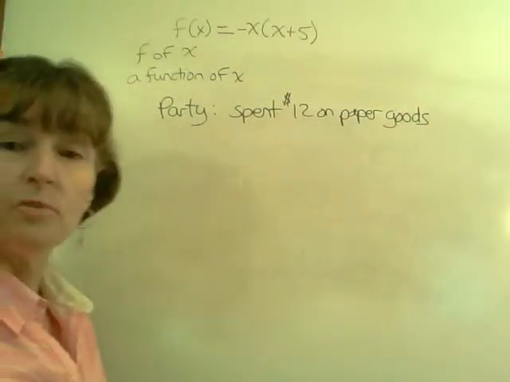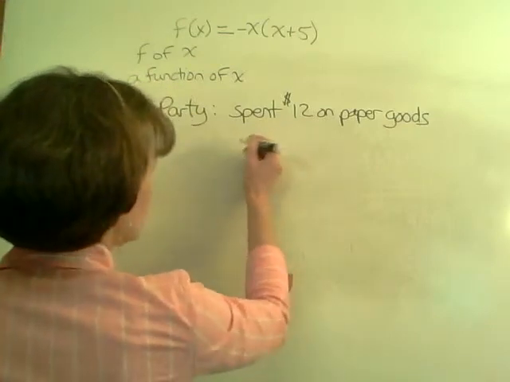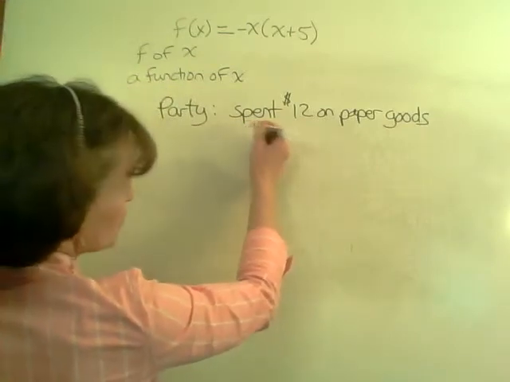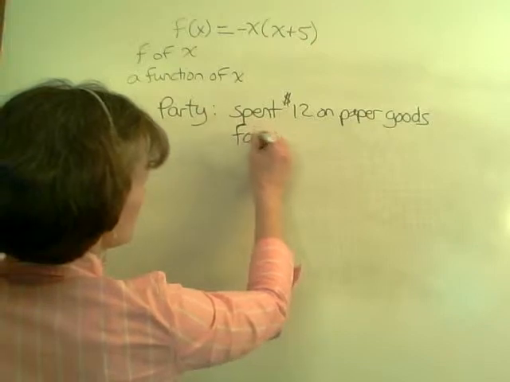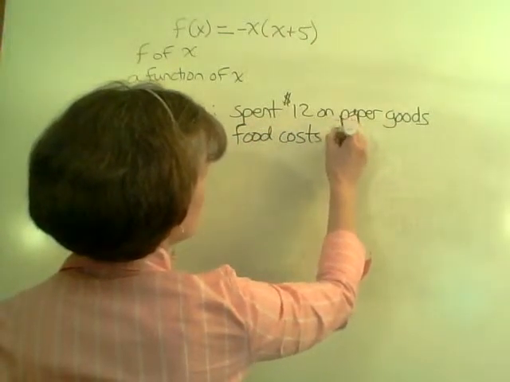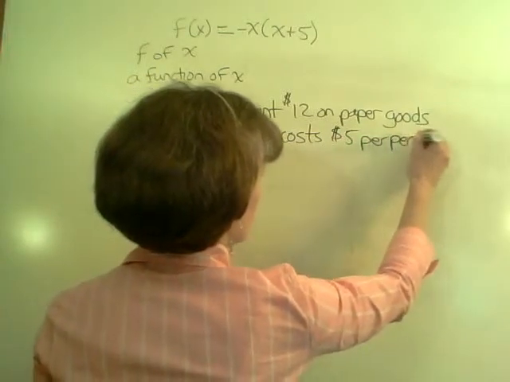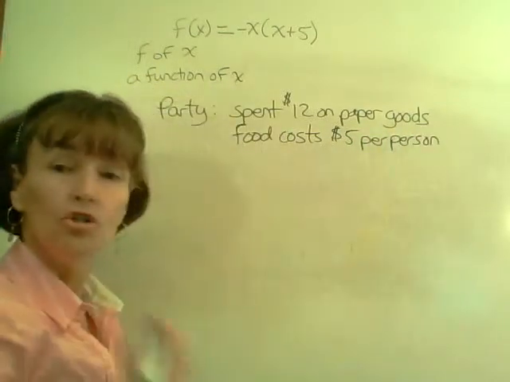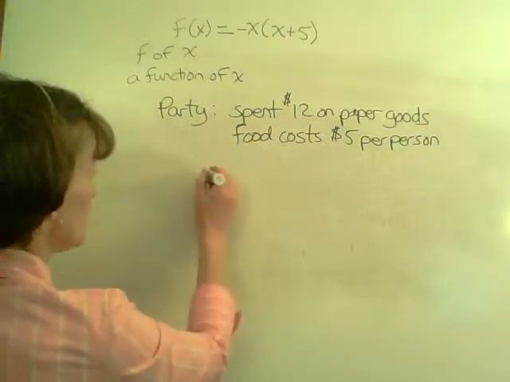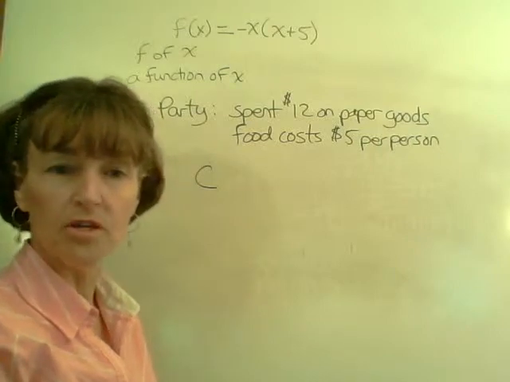But the food is going to be determined by how many people come to the party. All right? And so you've estimated that the food is going to cost about $5 per person. That means that your cost for this party is going to be a function of the number of people that come to the party.